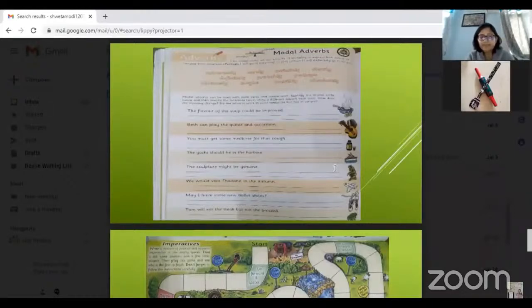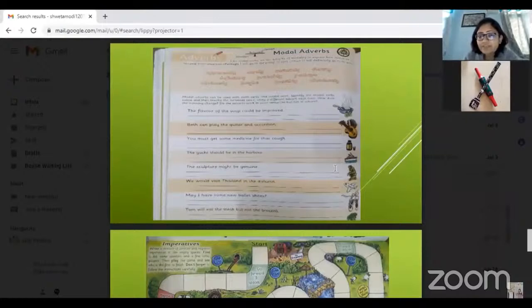Yes. Beth can play the guitar and accordion. You can just put any of the modal adverb. Could. Beth can definitely play.